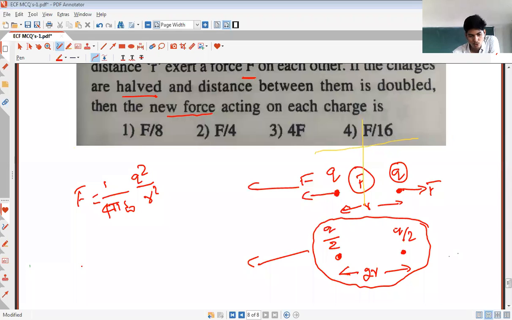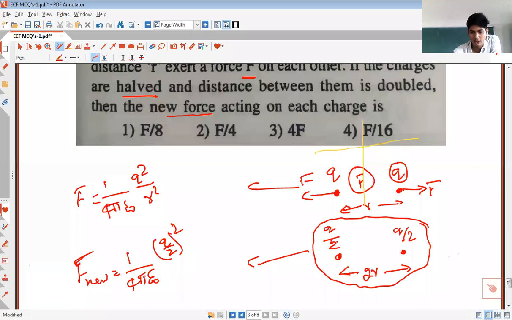So the new force will be 1/4πε0 into Q by 2 whole square. Q1 into Q2, Q by 2 into Q by 2 is Q by 2 whole square, divided by distance 2r. 2r whole square is 4r square.